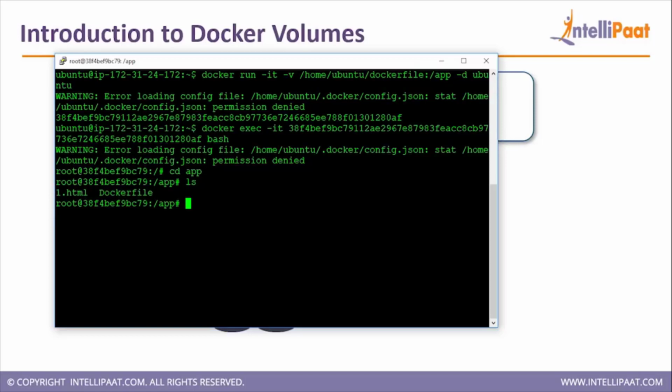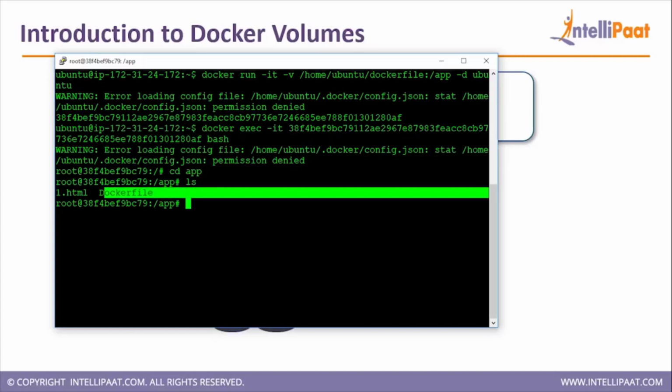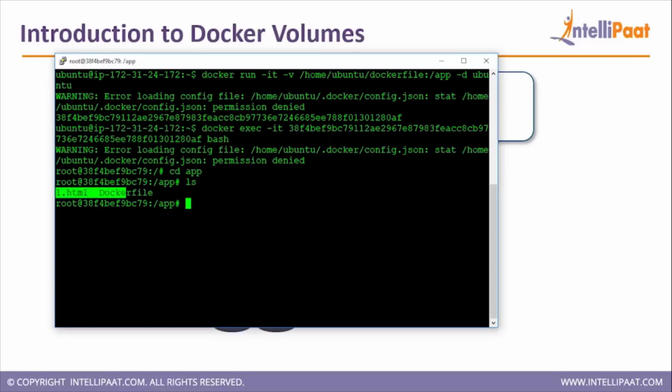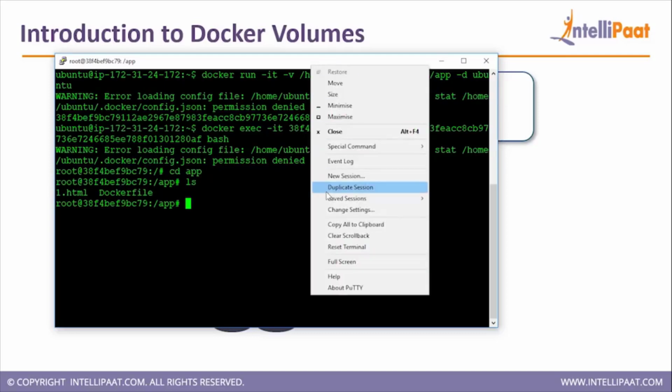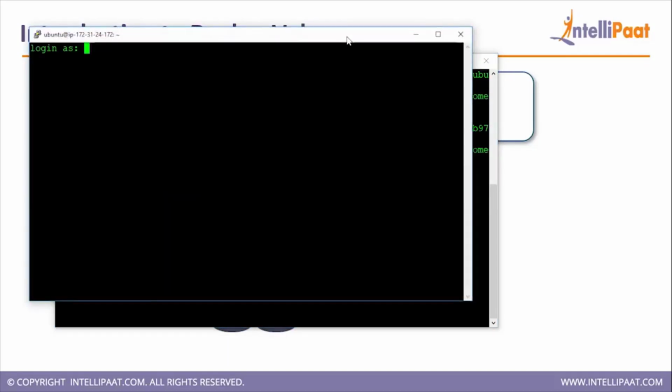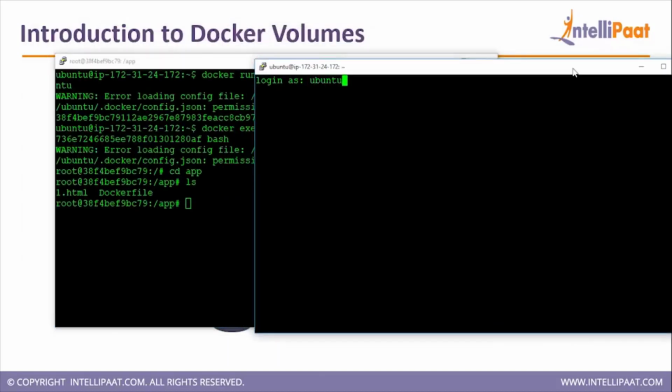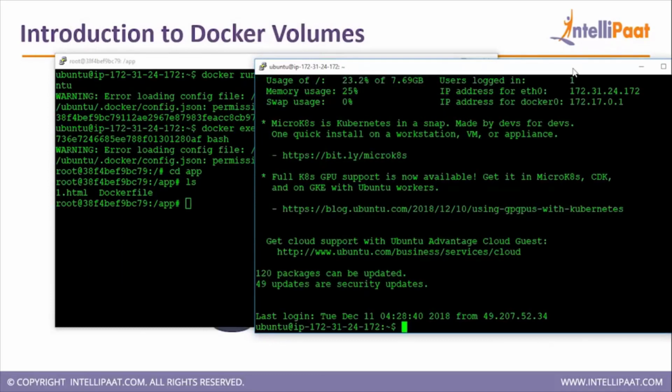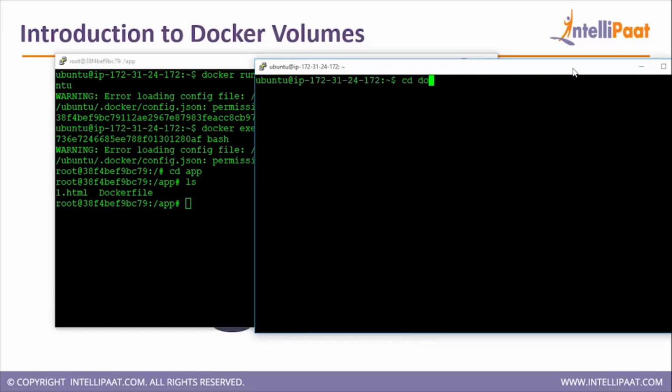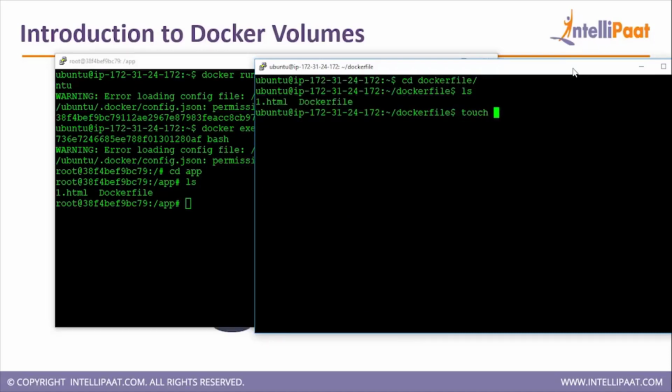Now these files are not actually copied inside the container, but these are actually being mirrored from the directory on the host operating system. That is, if I duplicate this session, I'll just go inside the directory Dockerfile, right? If I do an ls and say I touch a file, say 2.html, right?